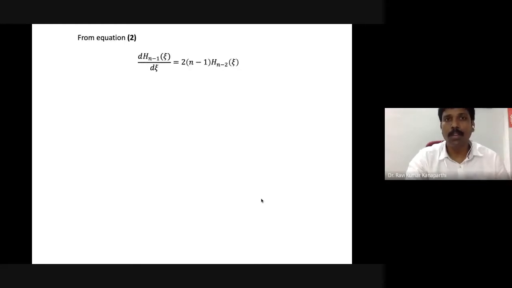What is the differential equation? That is the Hermite differential equation. So initially we are going to prove that hn of z is the solution, and if it is a solution, it should give the differential equation. So the first part, basically, is to get the Hermite differential equation.